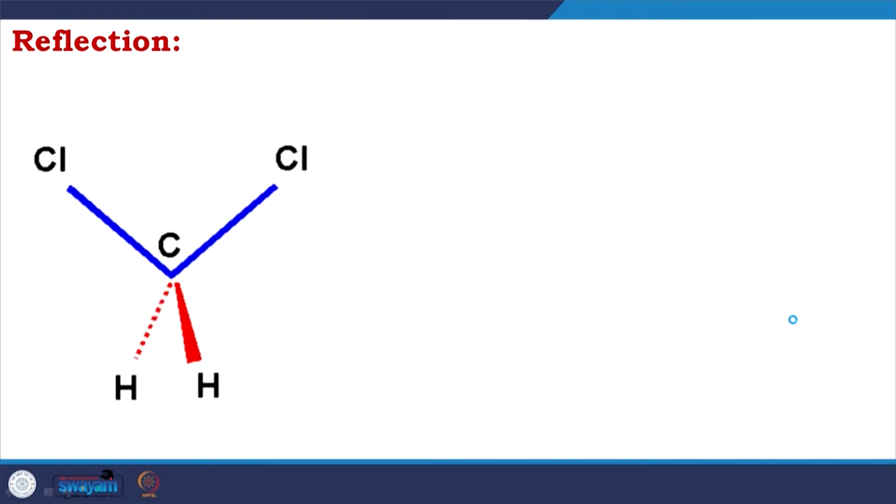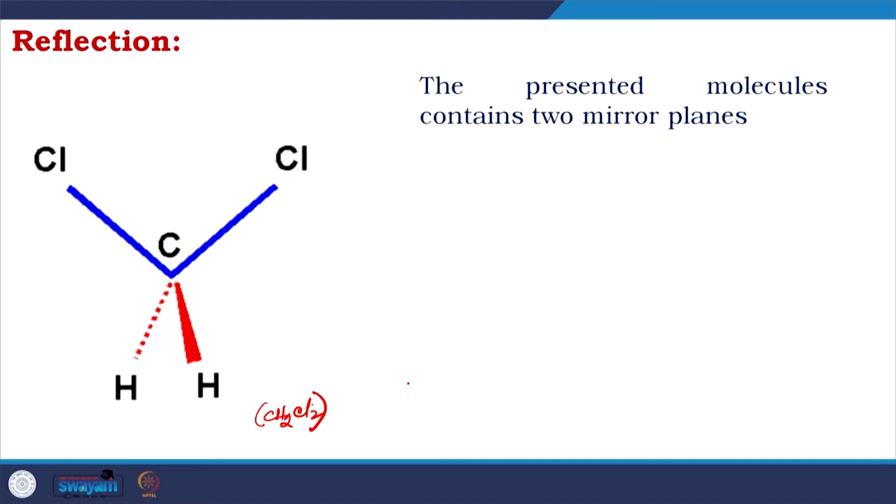Reflection: if you take a compound like this, remember I talked about these compounds, CH2Cl2. The presented molecule contains two mirror planes. See, if you have a symmetry like here, you will differentiate between this CCl and this CCl, but if you have it here, you differentiate CH with CH.